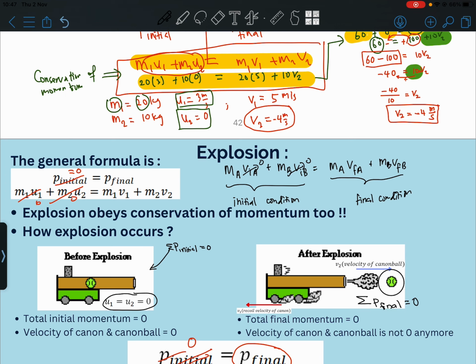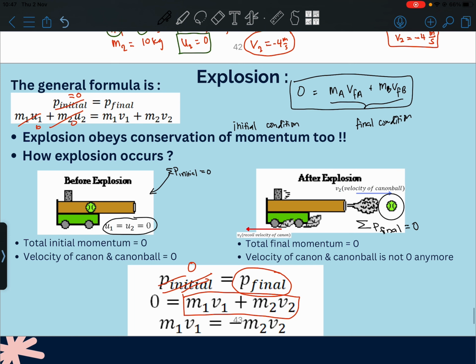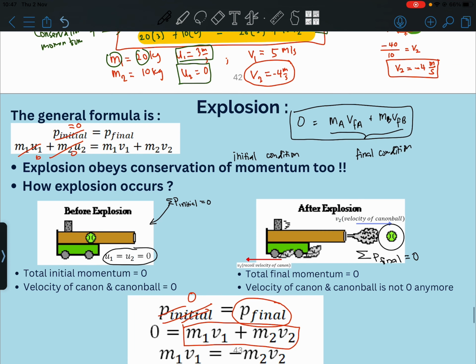Anything times 0 plus anything times 0 is 0. So the left hand side is 0. So we have this equation for explosion.